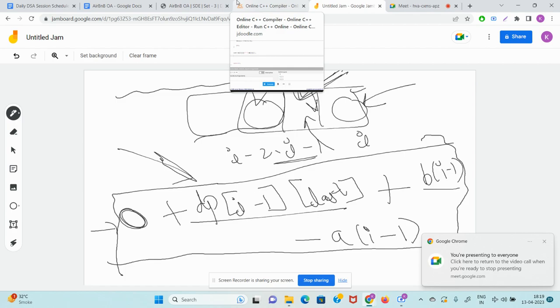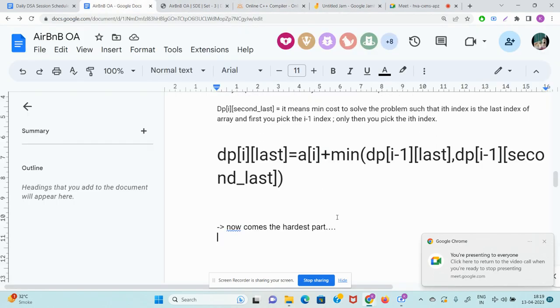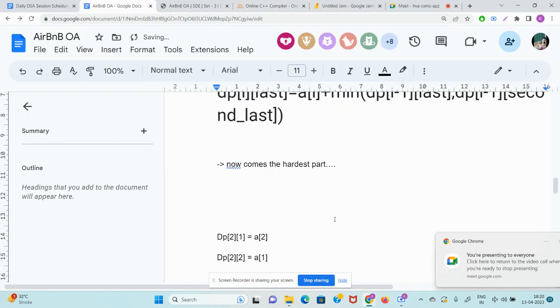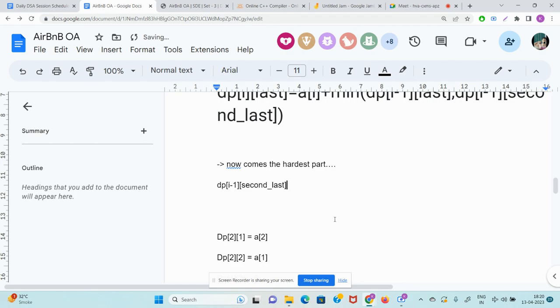dp I minus 1 last. Oh, sorry, dp I minus 1 second last. Okay. So don't worry, I will explain again and again. That's my job. But anyone write the formula. What is the first possibility? First possibility is obviously 0 plus dp of, अरे कोई तो बोल देता है dp I of second last निकालना है.